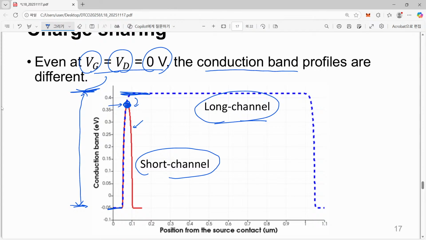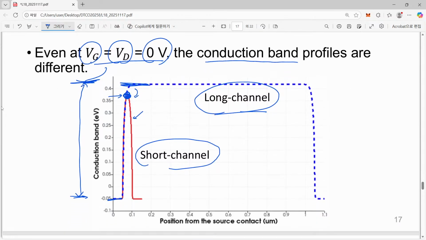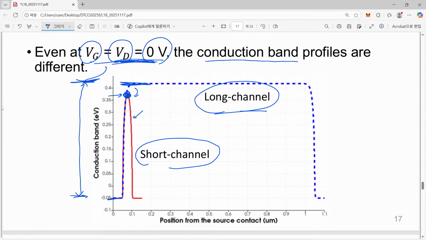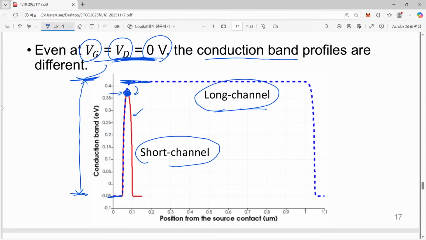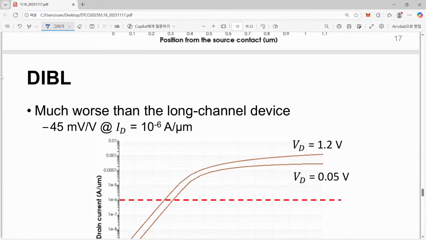So it is relatively easier to turn on this device. Therefore, even without applying high drain voltage, from its starting point, its threshold voltage itself is reduced, and now we have DIBL.